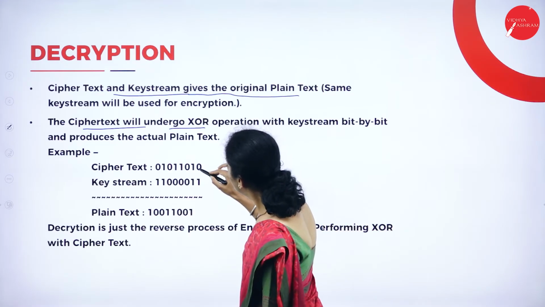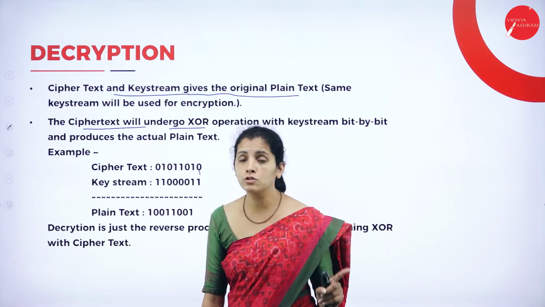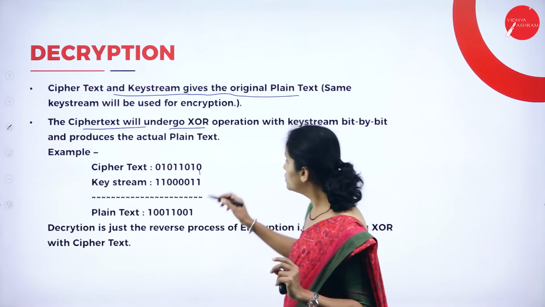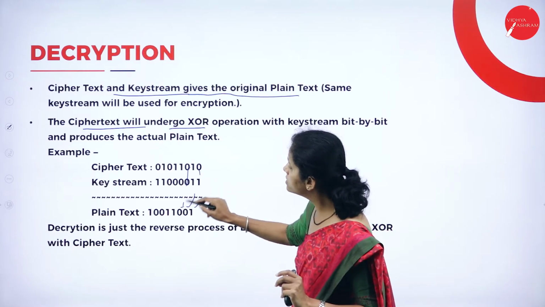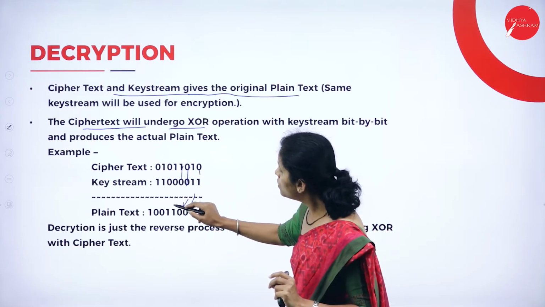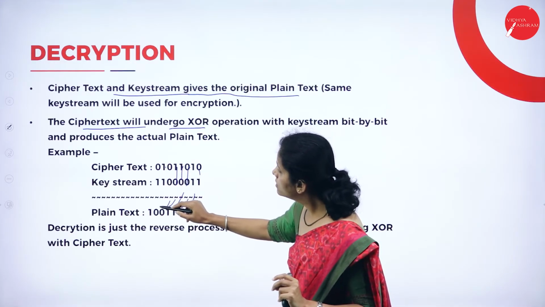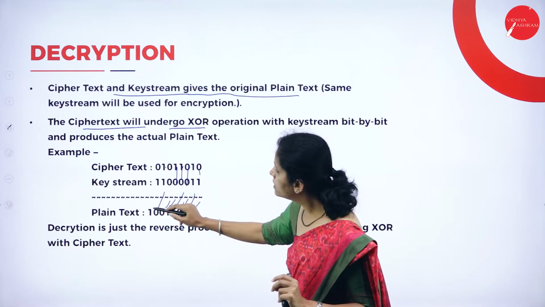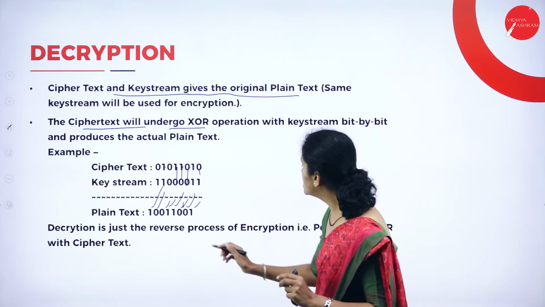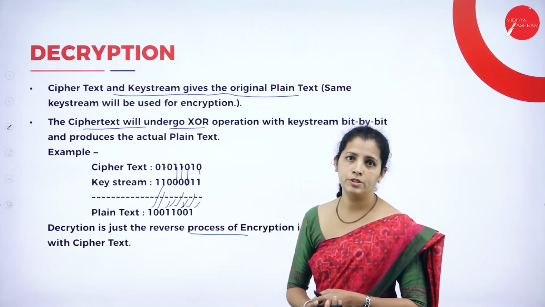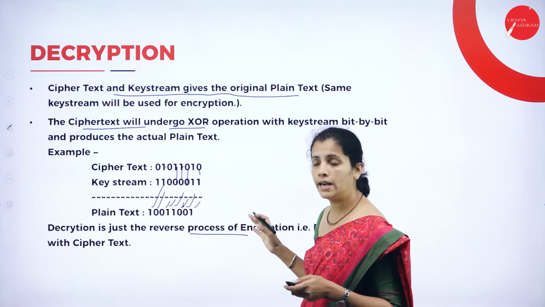To do this, I must remember the XOR gate truth table. So 1, 0 is 1. 1, 1 is 0. 0, 0 is 0. 1, 0 is 1. 1, 0 is 1. 0, 0 is 0. 1, 1 is 0. And 0, 1 is 1. So decryption is just the reverse process of encryption.